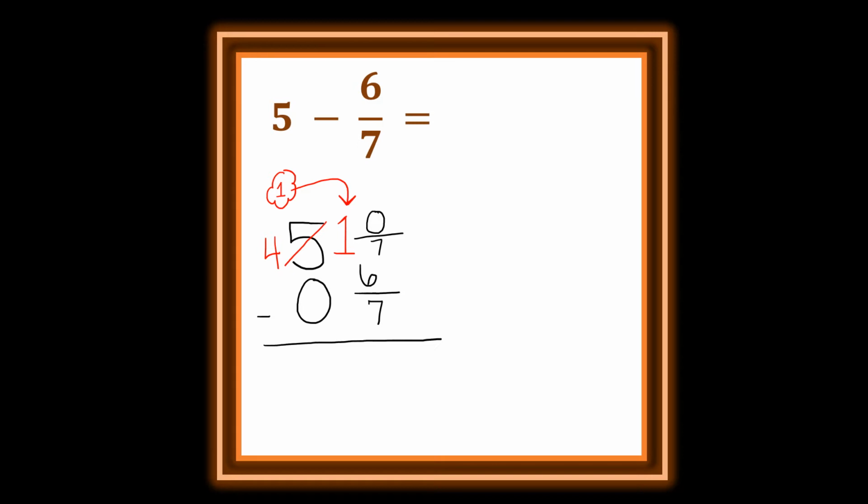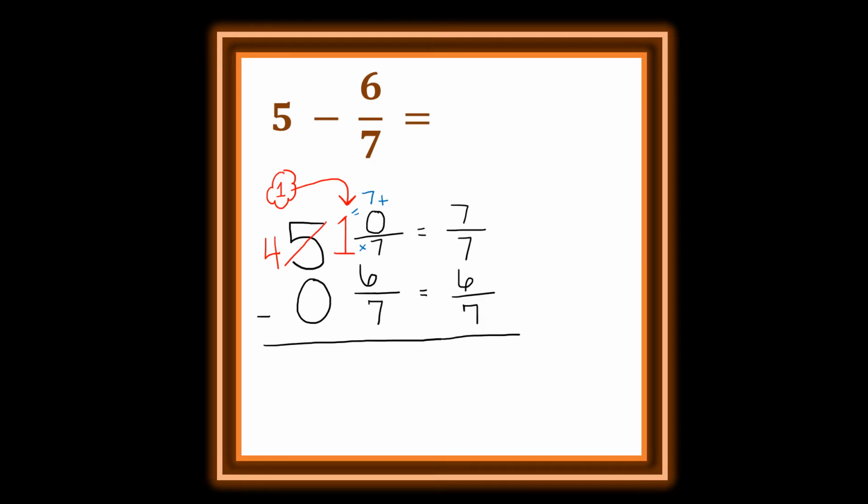I'm going to change that to an improper fraction. 7 times 1 equals 7, and 7 plus 0 equals 7. So my numerator is 7, and my denominator is 7, which equals 1. And that makes sense because that's what I borrowed. The next step is to just rewrite 6/7 because we're going to keep that as our fraction.